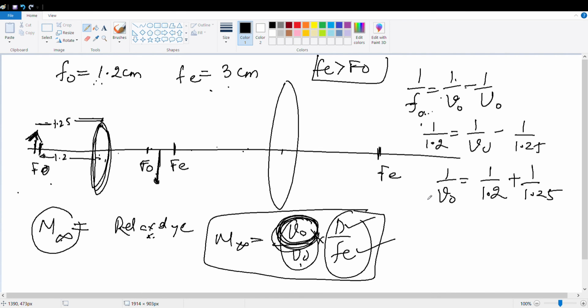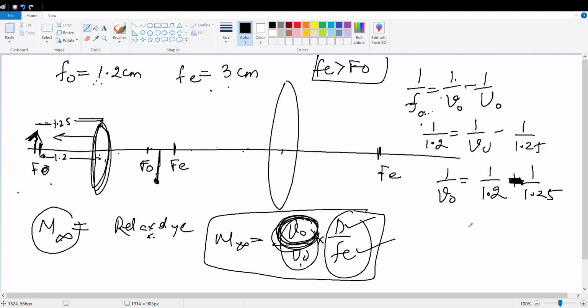But is it so? Did you make any mistake? See, whenever you are calculating this side, you should consider minus or plus? Negative. So you are supposed to do minus. So this will become minus.